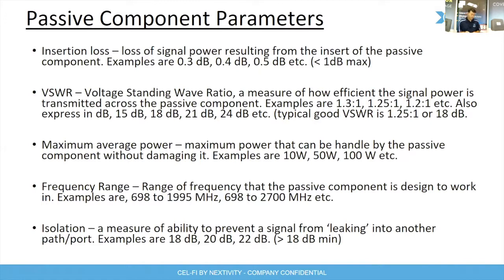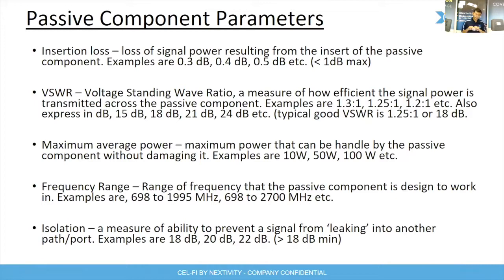Lastly, we're going to take a look at the performance metric called isolation. Isolation represents the ability of the passive device to reduce or prevent the signal from one port coupling to another port. So you can think of it as a signal coming in from one port leaking into the other port. We are trying to prevent or reduce this leakage. So isolation plays an important part, especially nowadays.